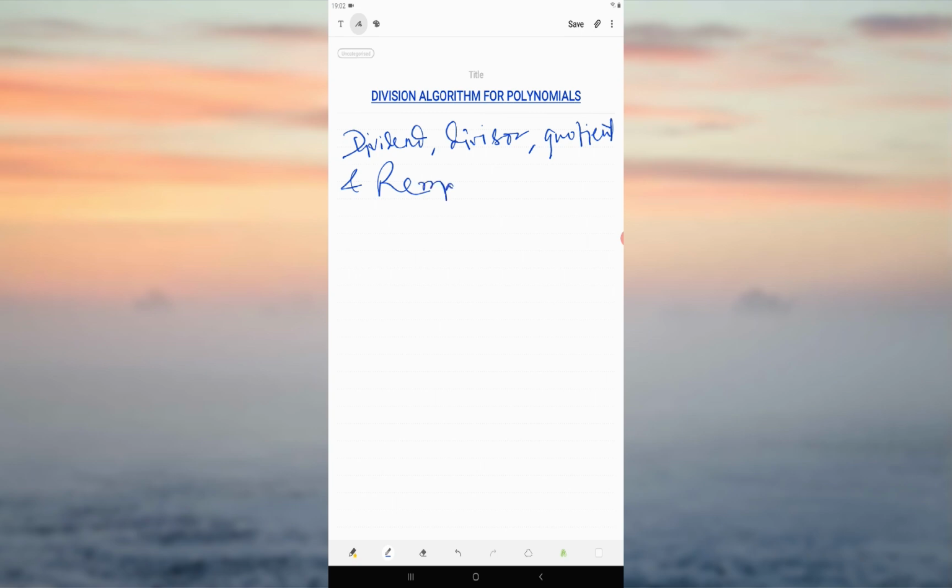So let's first understand what these are. If you know this very well, you can move forward. Otherwise, please be with me to know what they are.